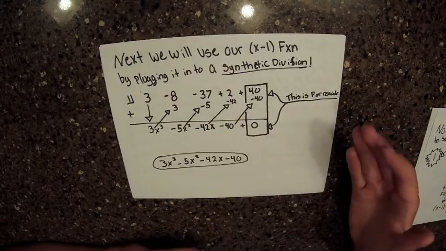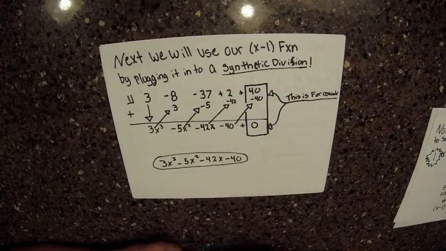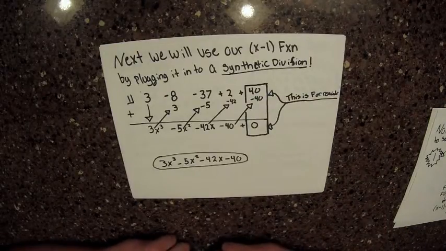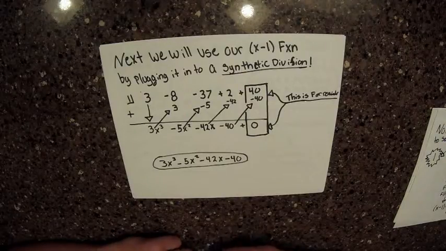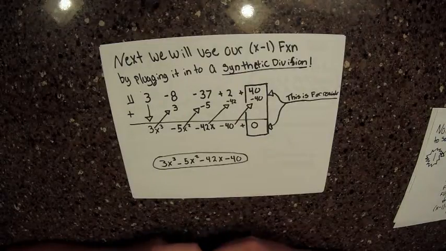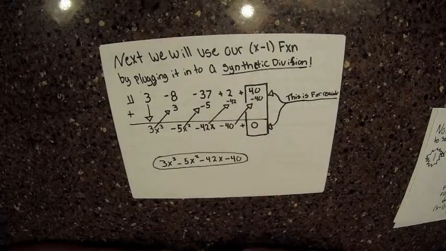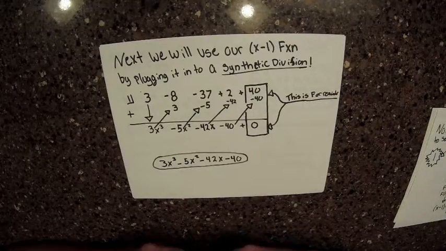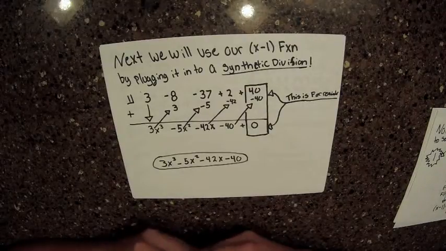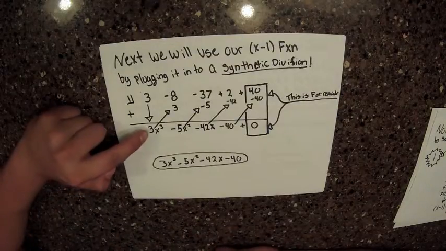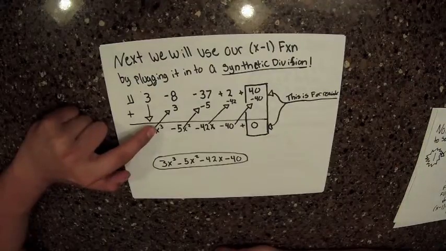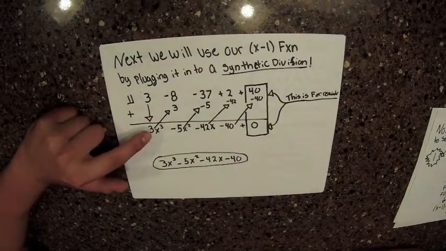So now, in your original polynomial, it started out with 3x to the fourth, 8x cubed, 37x squared. As you can see, I've reduced the exponent by 1, which is what you have to do.